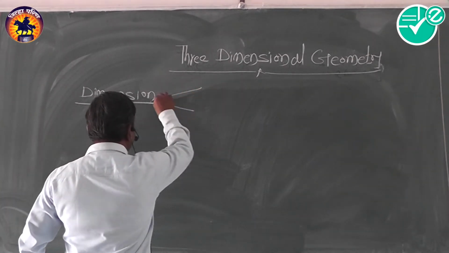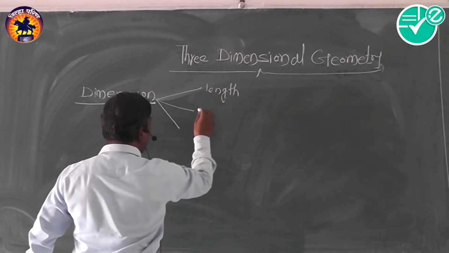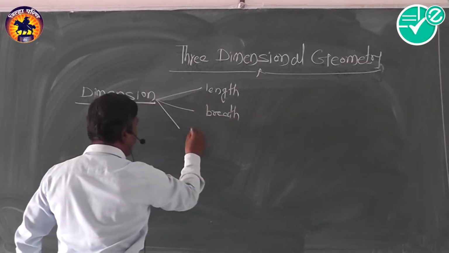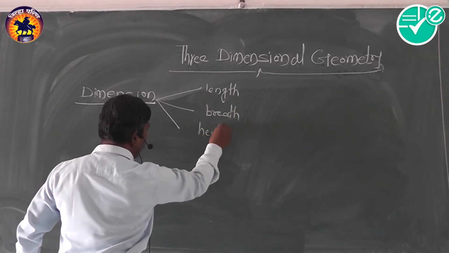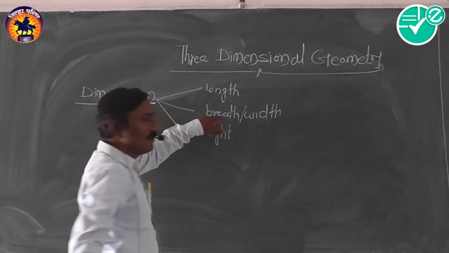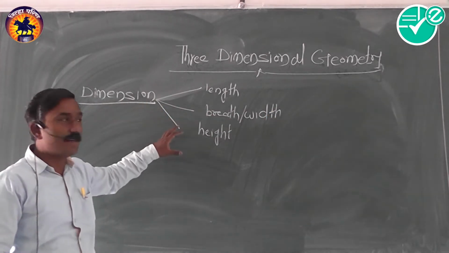First, length, breadth, height. It is also called width. So this is considered in dimensional.